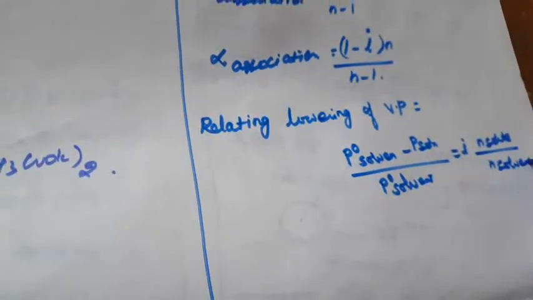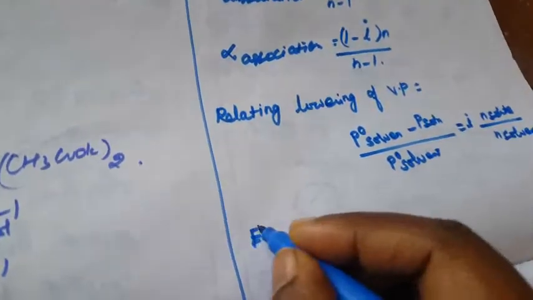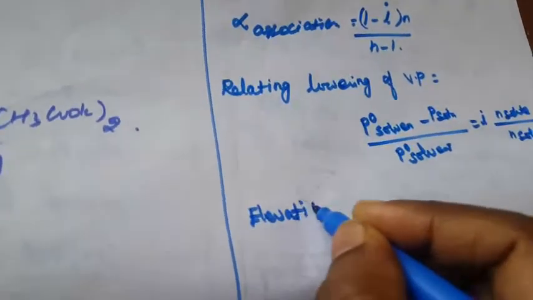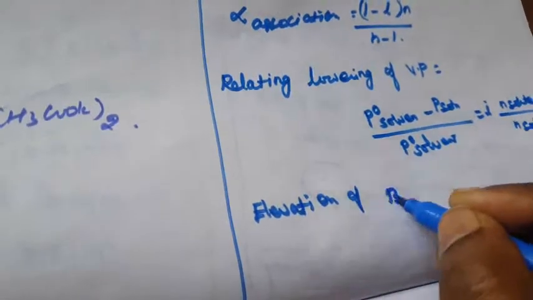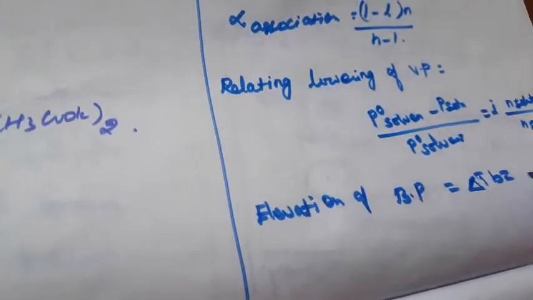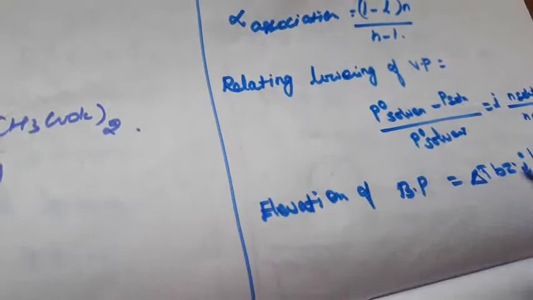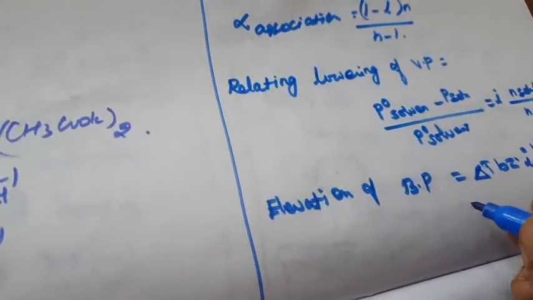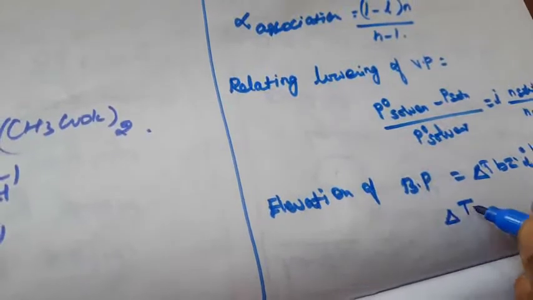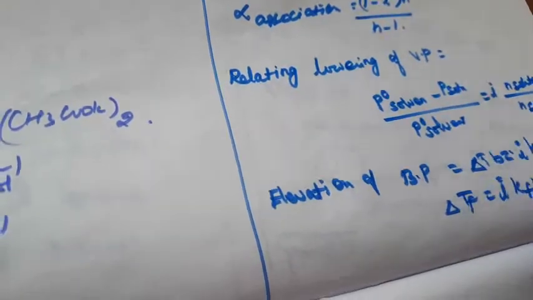Elevation of boiling point, delta TB, is equal to i into Kb into m. Depression of freezing point, delta TF, is equal to i into the freezing constant into molality.